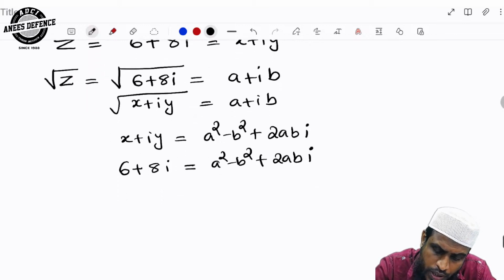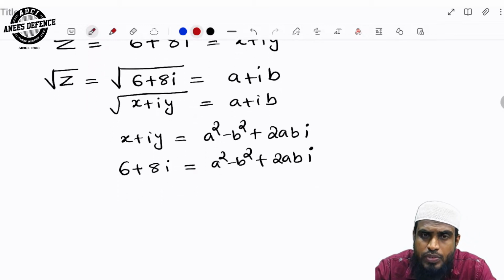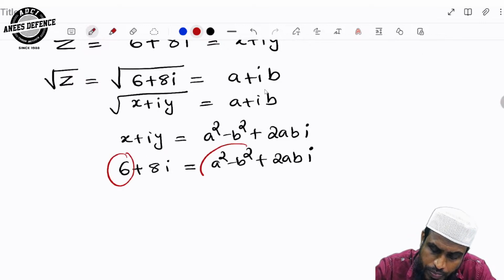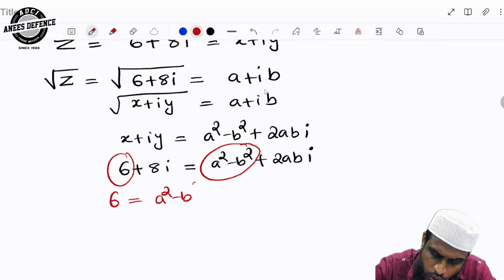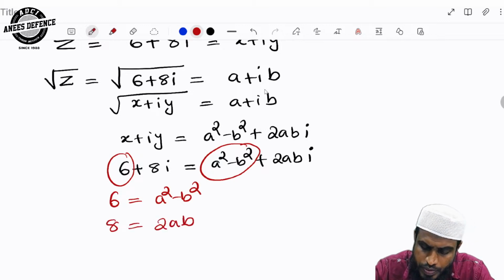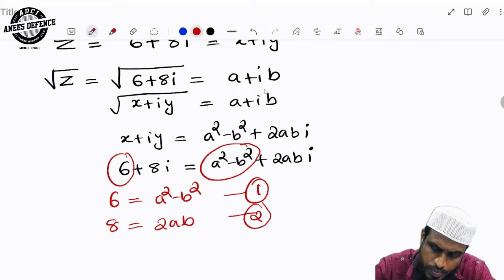Again, if two complex numbers are equal, real and imaginary parts should be equated. So 6 is equal to a square minus b square and 8 is equal to 2ab. So we are getting these two results.